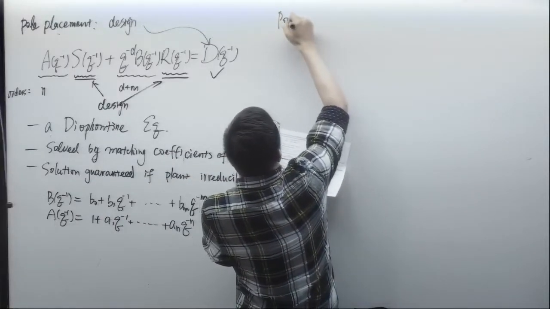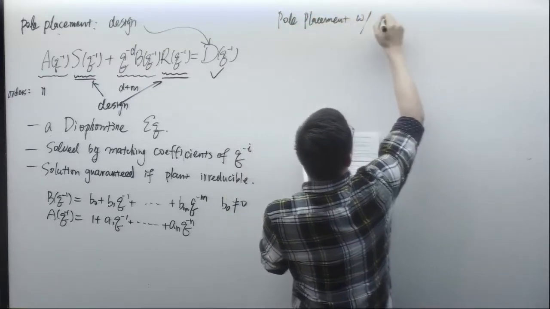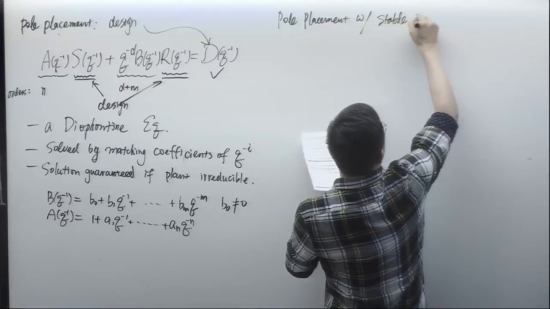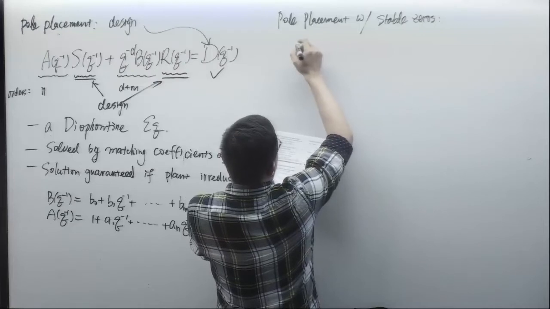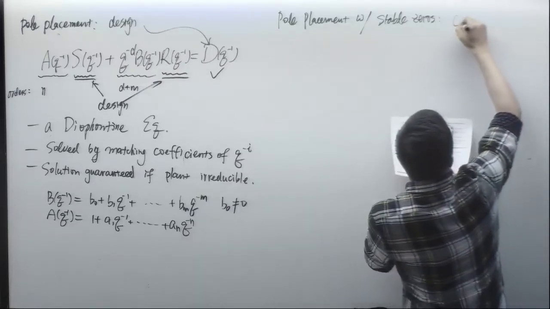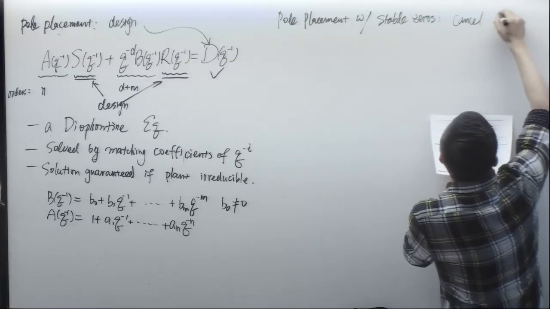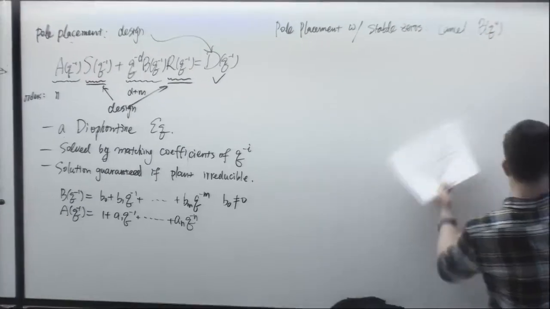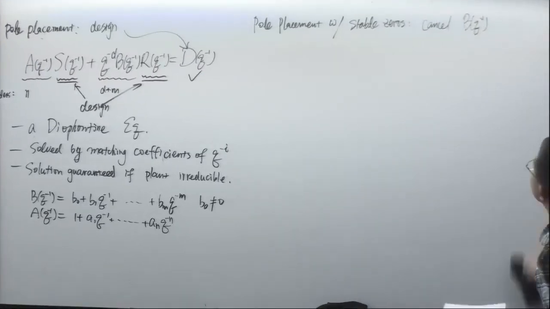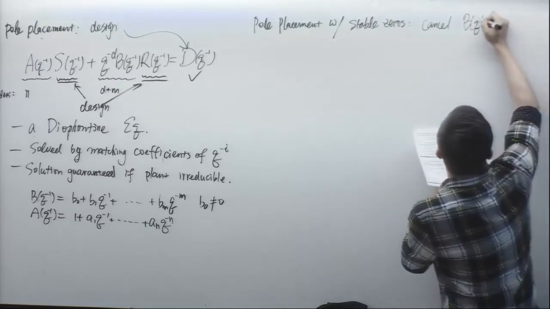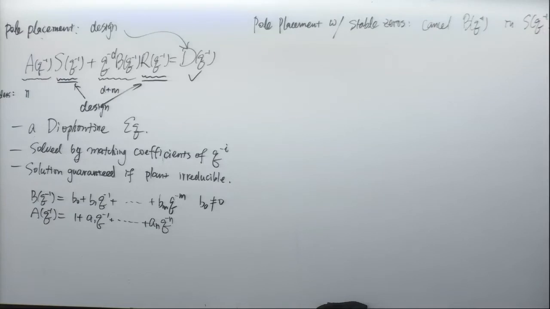So this is pole placement with stable zeros. Let's say the principal goal is to cancel B in SQ if they are cancelable.